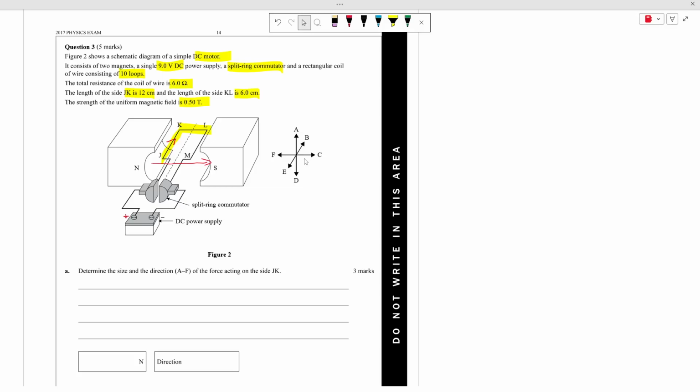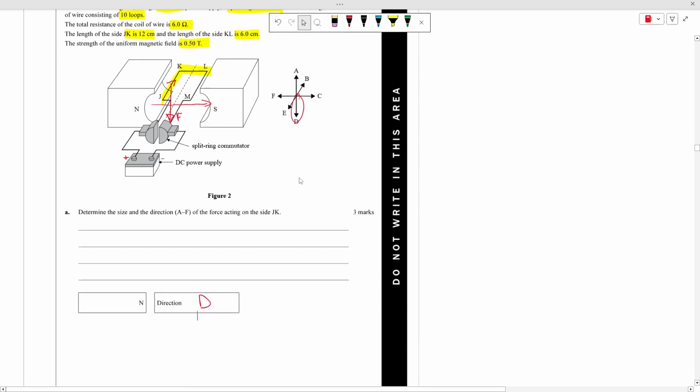Your fingers have to point towards the right, that's the magnetic field, and your palm should be facing downwards. Try that out. That tells me that the force acting on the side of the coil JK is down. Now, what option is down? That's D. So it's in direction D. Now I just have to work out the size of the force.